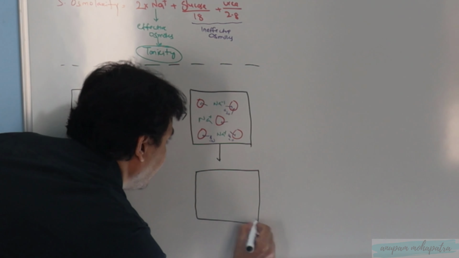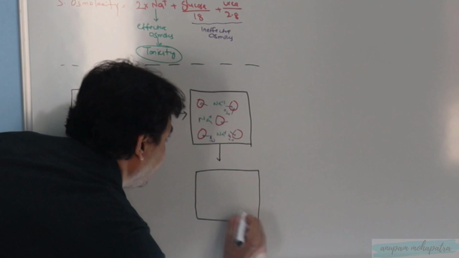The cells will swell, right? Now the cells will become like this, okay? And there are few sodiums. So this is called cell swelling. And when it happens in the brain, what will happen?